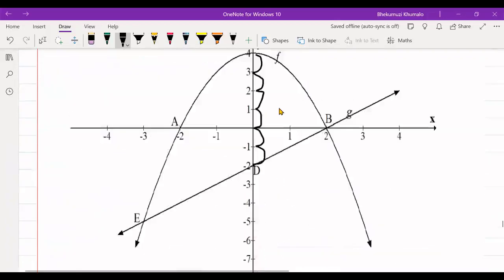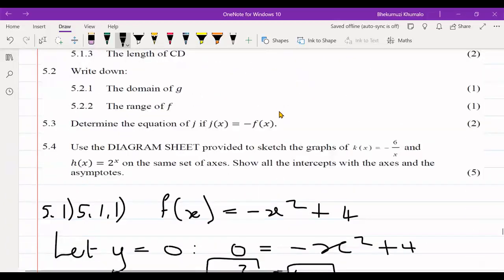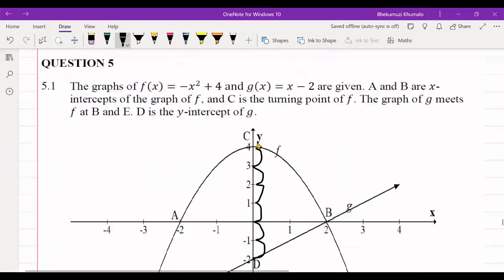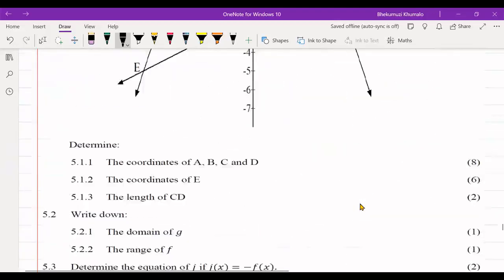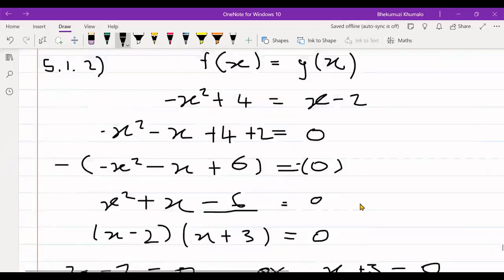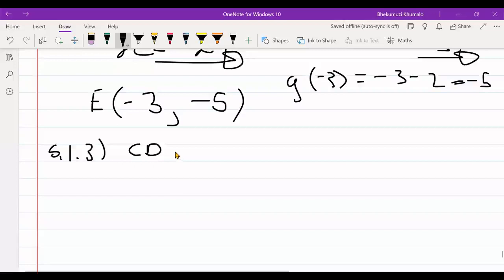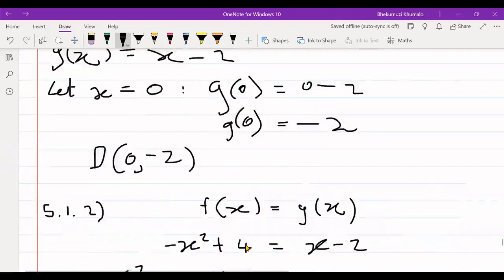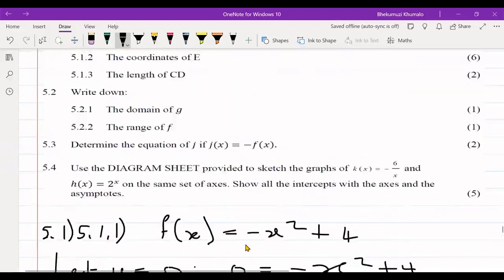So that's 6 spaces down from C to D, right? So CD is equal to just 6 units. And don't forget to write units when you are asked about the distance or the length when you're doing your functions. Okay, so that's 1.5.3.